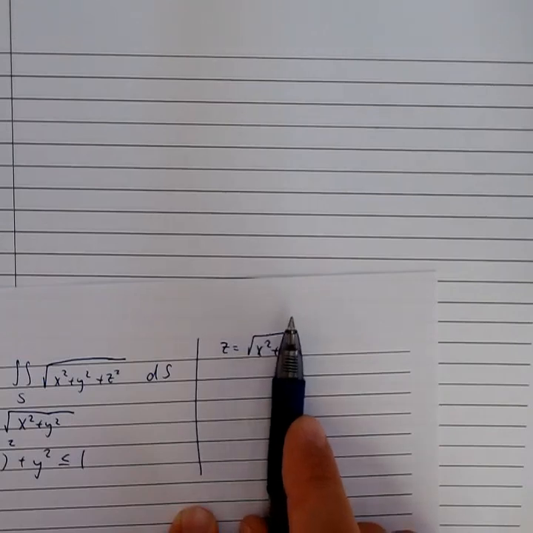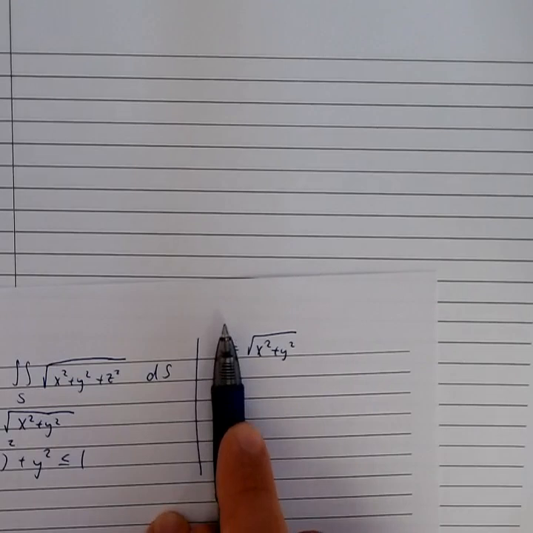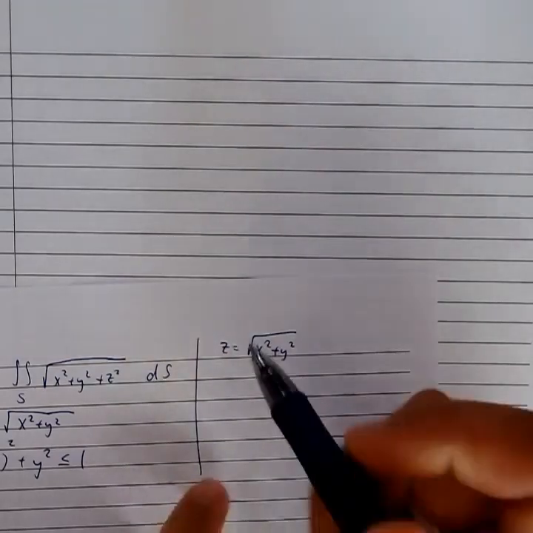If I take the xz trace, then I get z equal to the absolute value of x. And if I take level curves of z, if I set z equal to constants and square both sides, I end up with x squared plus y squared equals a number. So those are going to be circles.